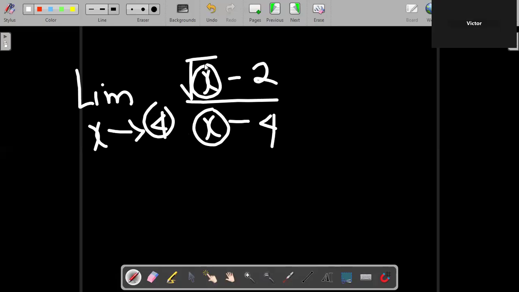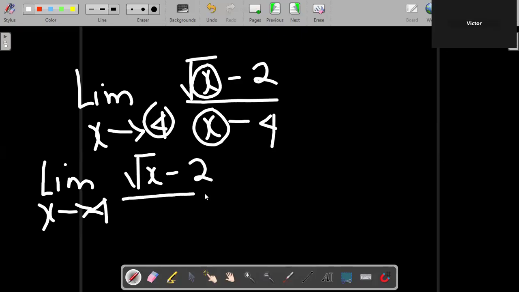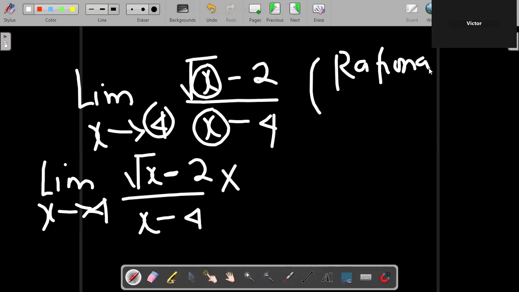So when you have a situation like this and you have a surd, which is the square root, whether in the denominator or the numerator, you have to rationalize the expression by looking for the conjugate. So first of all, we rationalize this expression. I'm going to have lim x tends to 4 of root x minus 2 over x minus 4 times... I'm rationalizing the numerator, because the surd is at the numerator.